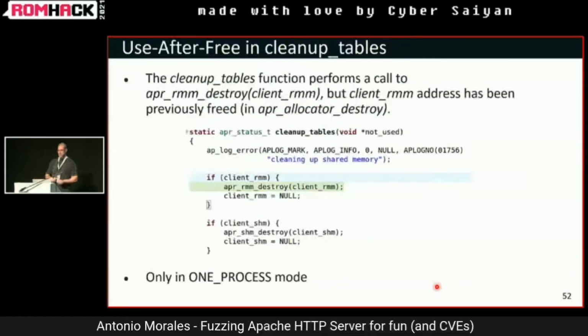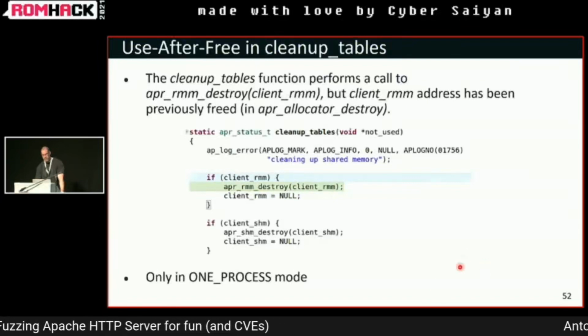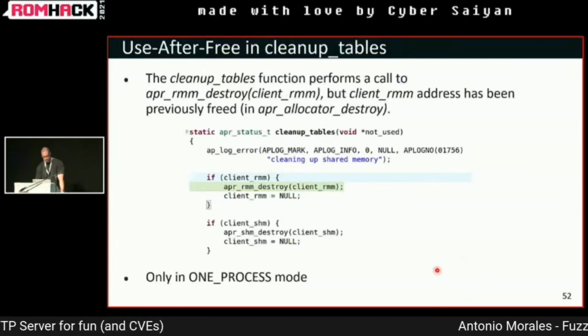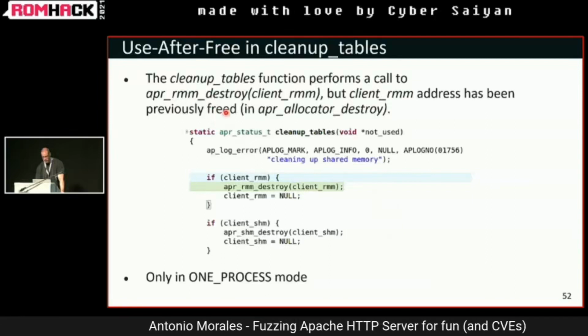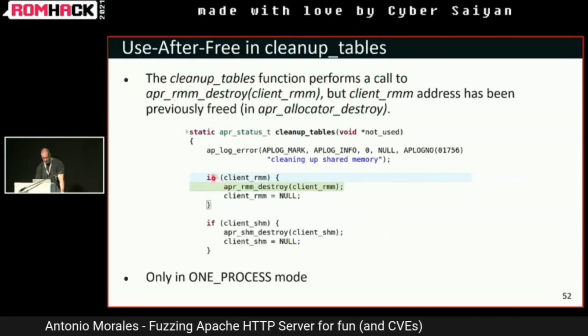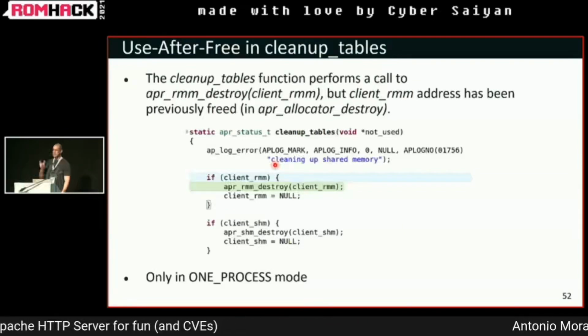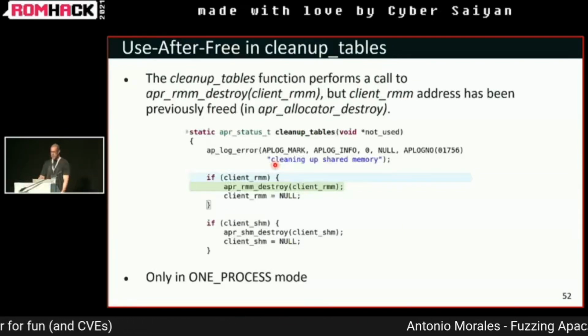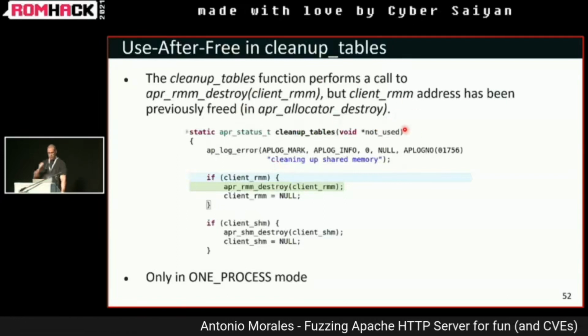Okay, let's see the third vulnerability. Here we have a use after free in the cleanup_tables function. This function calls rmm_destroy, as you can see in this line. The thing is that this memory has been previously freed by the APR allocator destroy function.